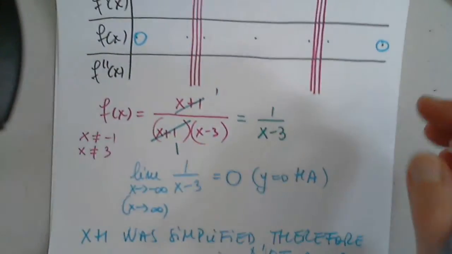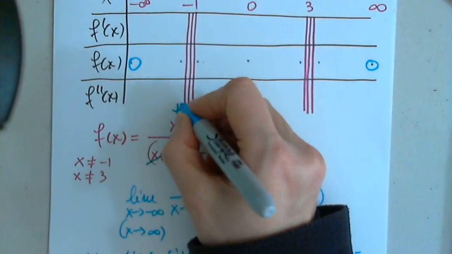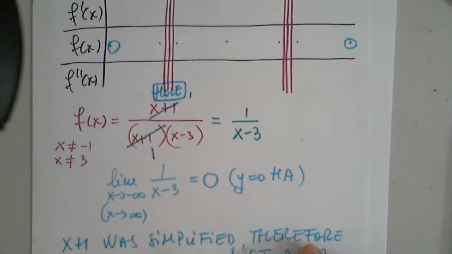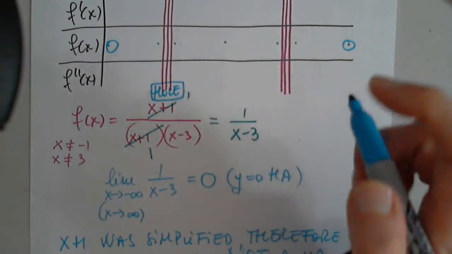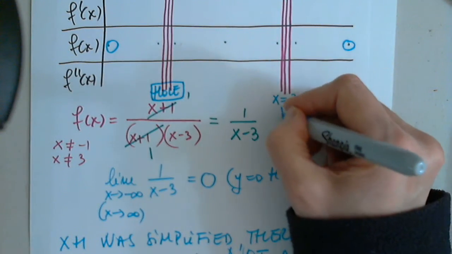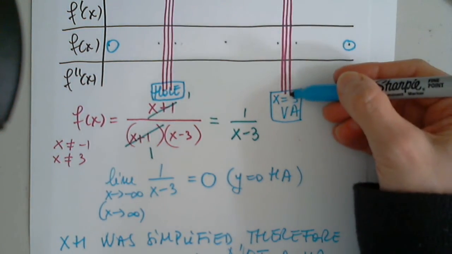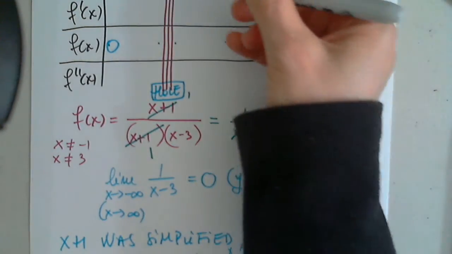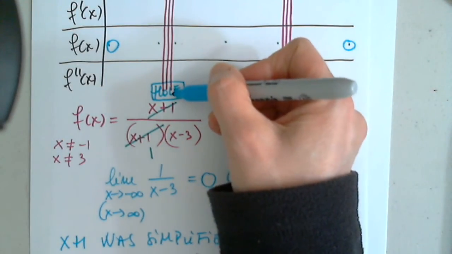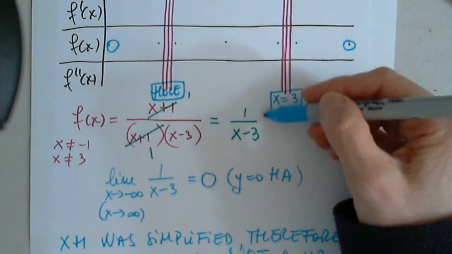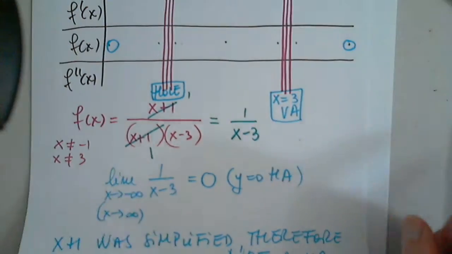So I write myself a note. Hole. The factor that stays is a vertical asymptote. The factor x equals 3 is a vertical asymptote, but the factor that went away, it will be a hole in the graph. Please plug in this function 0 and tell me what to write here.